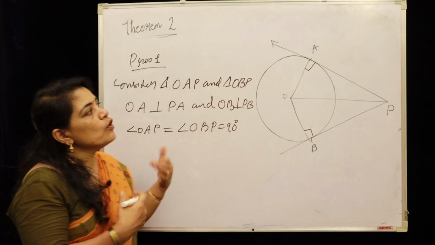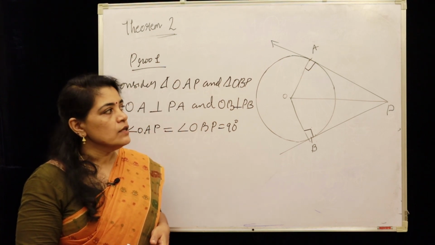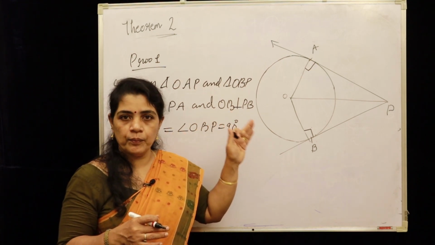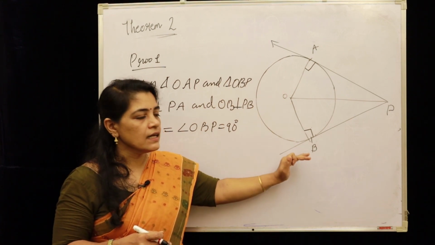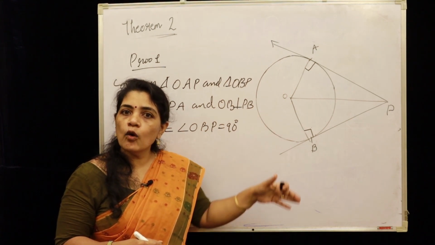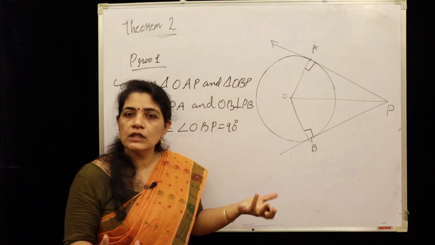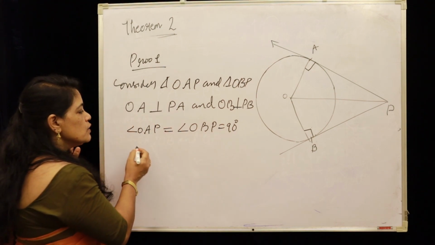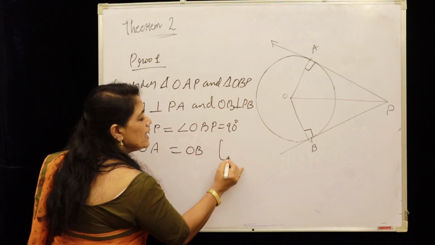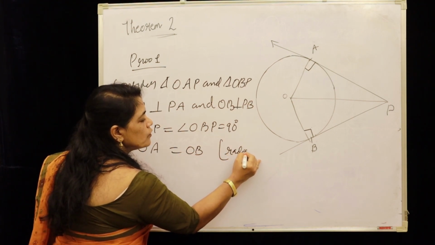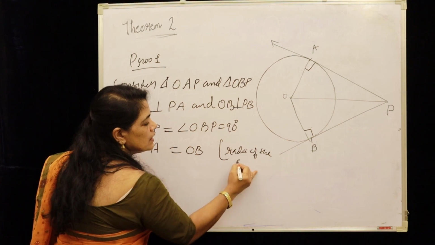So now we have one step, that is angle OAP equal to angle OBP equal to 90 degrees. And what else? In triangle OAP, the side OA, and in the second triangle OBP, the side OB, both are equal because both are radii of the same circle. So this is the second step: OA equal to OB, radii of the same circle.